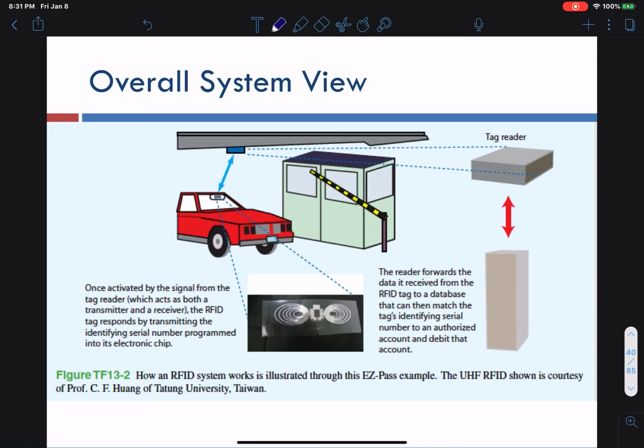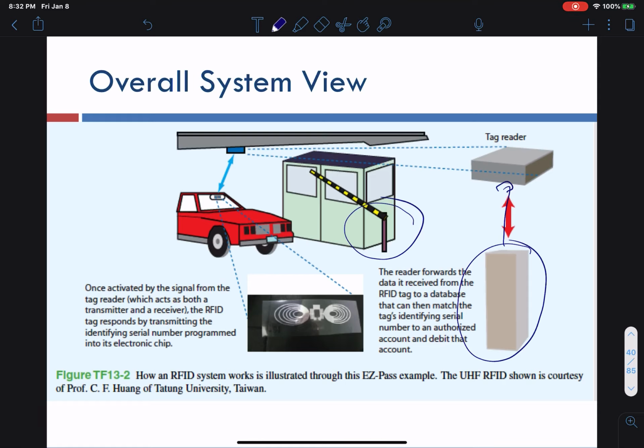When it gets the serial number, the tag reader takes it and sends it to the database, and the database basically says whether this number matches, then it's read back to the tag reader, and the tag reader goes to the gate or whatever it's trying to operate.